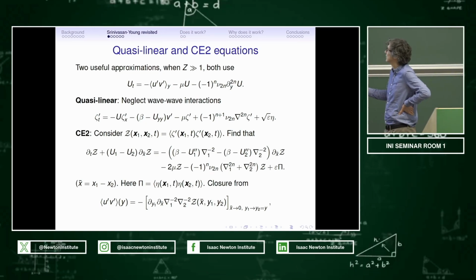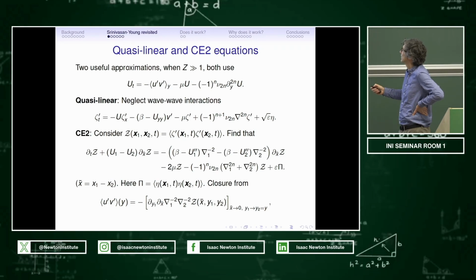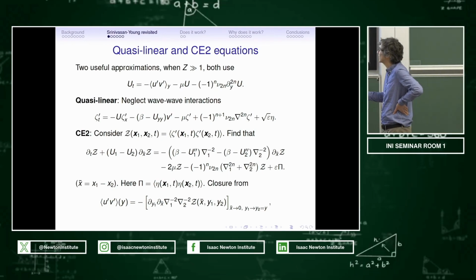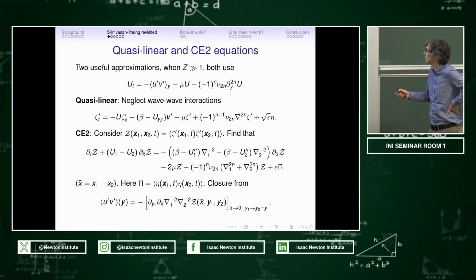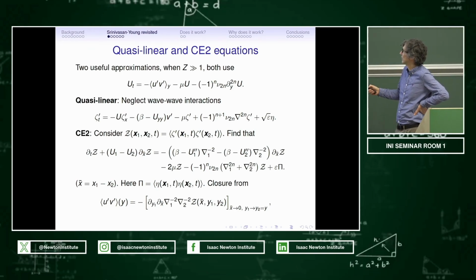The idea is that you keep the same equation for the mean flow, the east-west flow, capital U, but in the equation for all of the wave-like disturbances, in this quasi-linear model, you neglect wave-wave interactions and just keep the linearized equation for the waves.